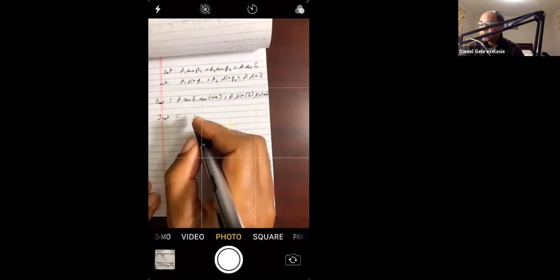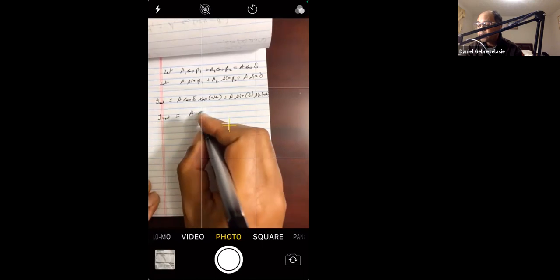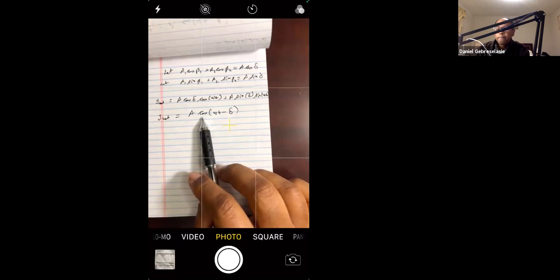You remember this formula? Now we're going backwards. Cosine A cosine B plus sine A sine B equals cosine of A minus B, okay? Using that formula, I get the following: y net equals A cosine of omega t minus delta, okay? So you see, the sum of the two harmonic oscillators is also a harmonic oscillator, all right?